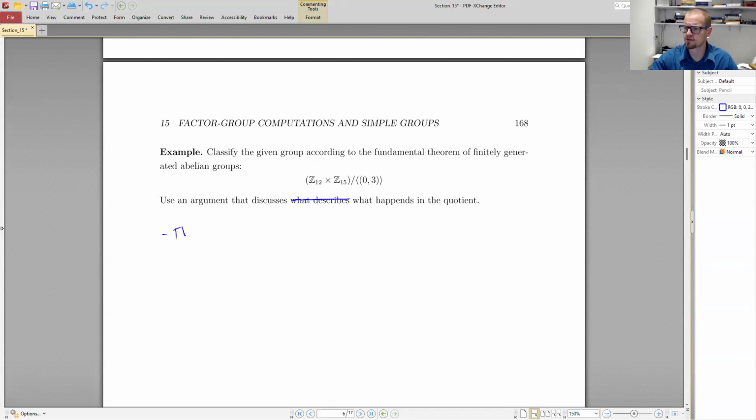So the first factor of the direct product is not affected in the quotient group or factor group.